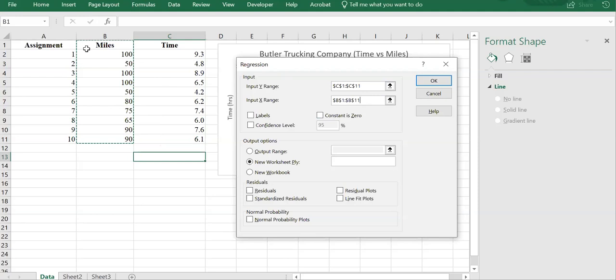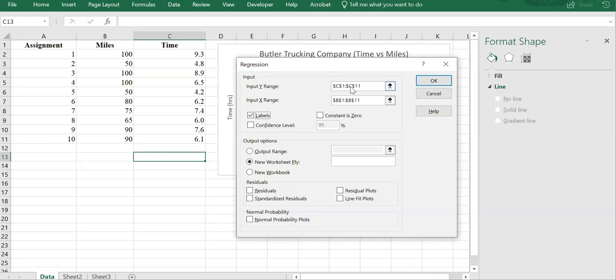Since I started from the first row, and in my first row, for both X and Y, C1 and B1, they're both labels, not numerical values. So I just check labels. If you start from C2 and B2, you don't need to check labels.